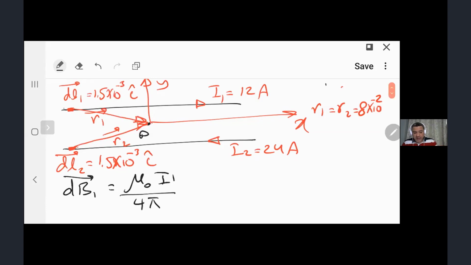Notice I'm using the differential equation, the main equation, dl1 cross r hat, which I will put right away as r1 vector over r1 cubed. Now we need to find r1. What is r1? R1 will be the summation of those two vectors.